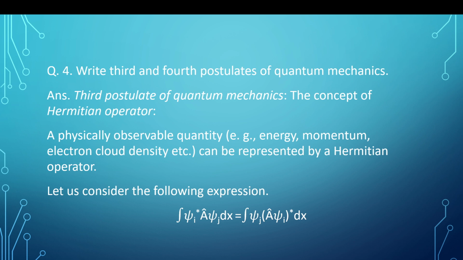Integration psi i star operator A psi j dx equals integration psi j within brackets operator A psi i star dx. If this condition holds, then the operator is said to be Hermitian.